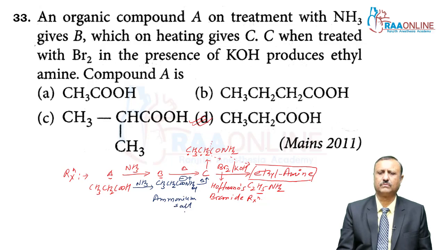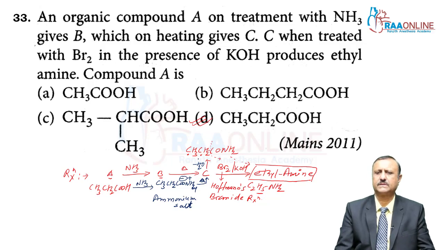When, my dear students, you heat this ammonium salt in the presence of P2O5 or by direct heating, you get CH3CH2CONH2 by the removal of a water molecule. This CH3CH2CONH2 converts to ethylamine by the reaction of Br2 and KOH. The question asked what compound A is, and compound A is CH3CH2COOH, so the answer is B.